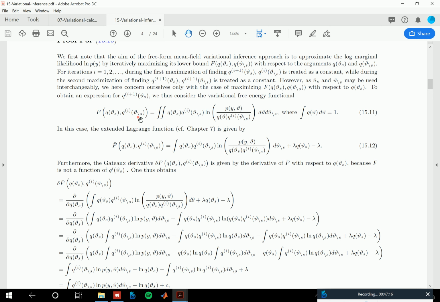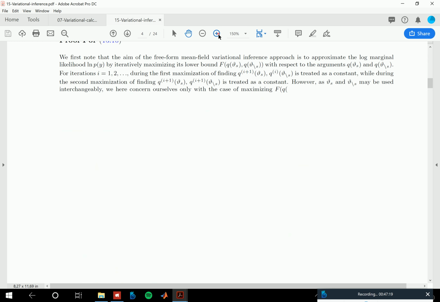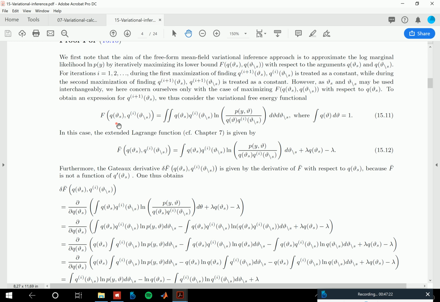So here, this is just the free energy with the 2 factors of the entire variational distribution as arguments. We have this side constraint, namely that the variational distribution integrates to 1. And we want to maximize this with respect to Q bar theta S.